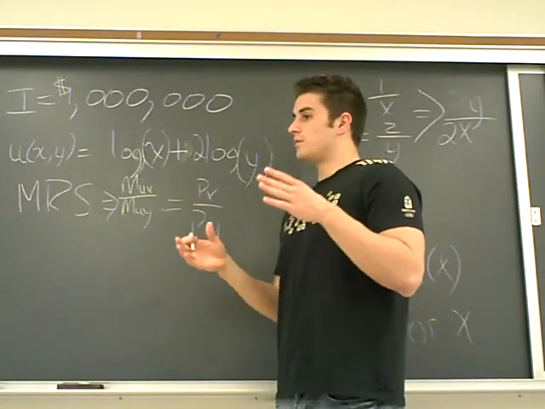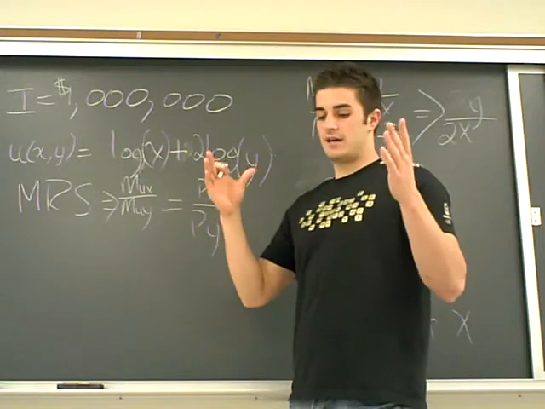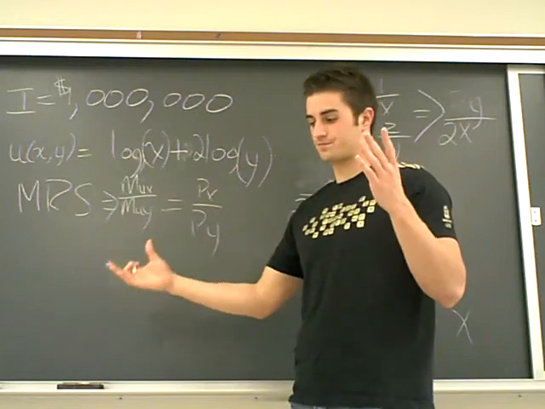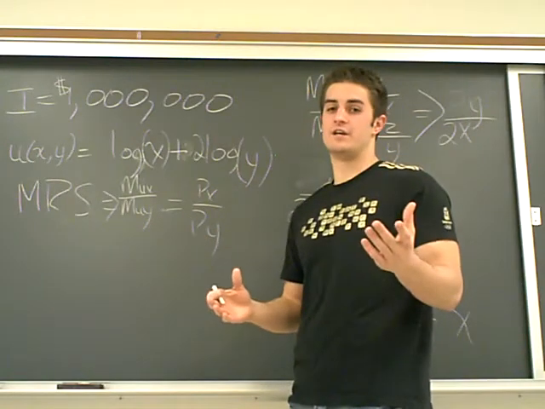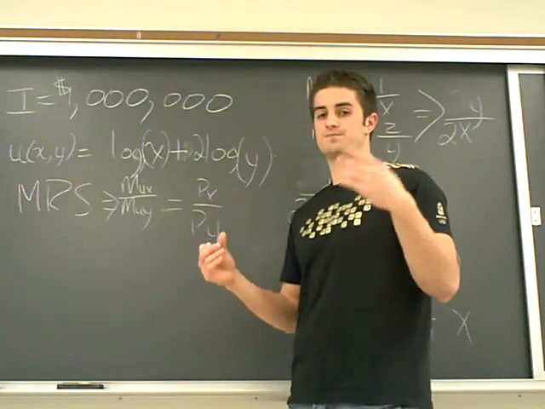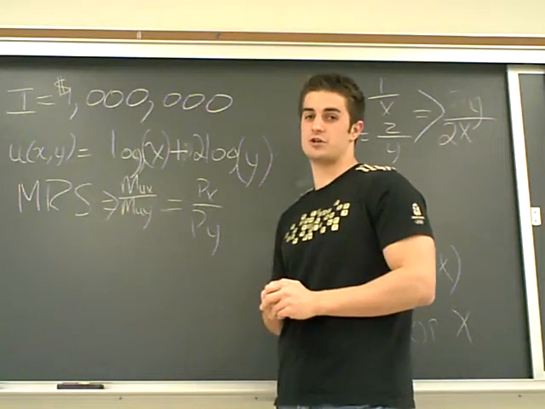If a utility curve demonstrates diminishing marginal utility, then the optimal point is going to be where the budget constraint is tangent to the indifference curve.